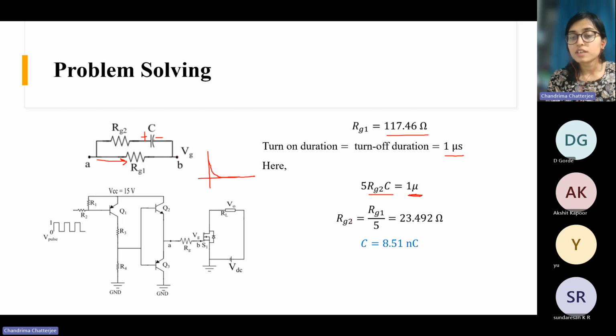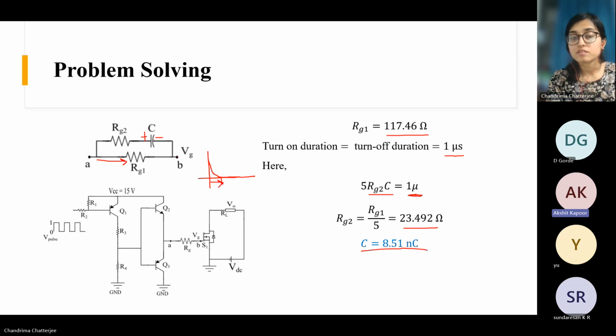And what is the Rg2 value? Rg1 by 5. We already saw the design expressions. So from the Rg1 value you can get Rg2, and then from this equation you can get the capacitor value here. Okay. So this circuit is used to shorten this duration, to make this duration smaller.